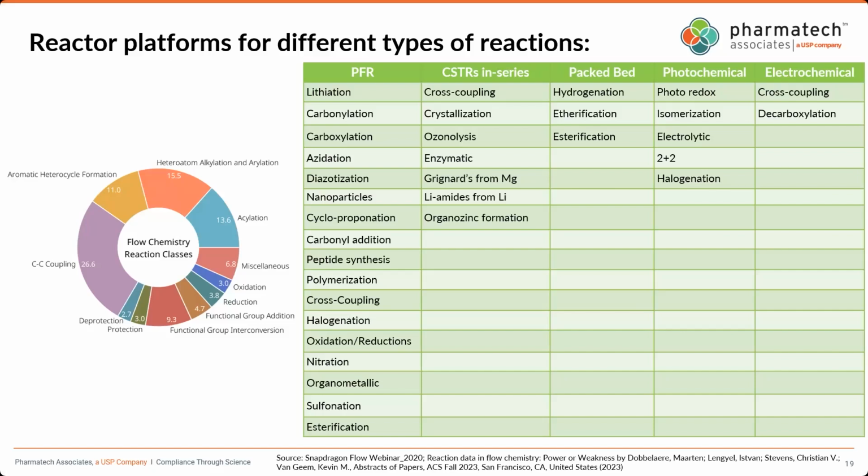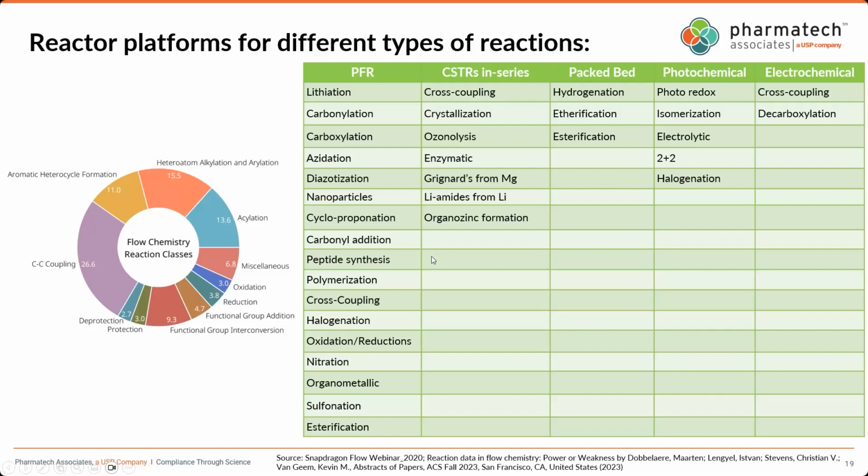The lithiation reactions can be performed in the PFR or in the CSTRs, because some of the lithiations tend to form solids during the intermediate stages. So the CSTR could also be a choice for lithiation reactions. However, managing the exotherms could be a challenge there.